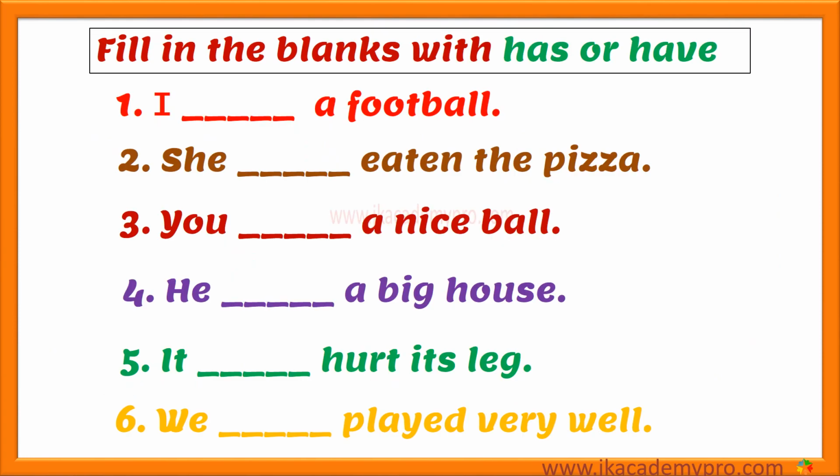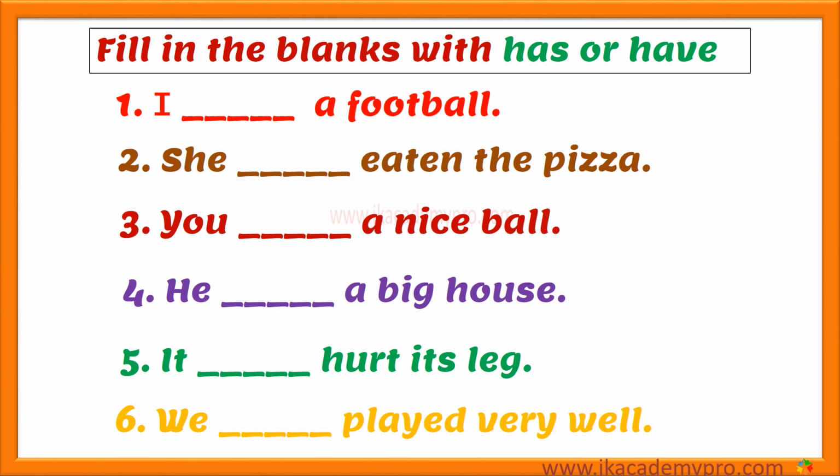Here is an exercise for you to solve. Fill in the blanks with has or have. The first sentence is I dash a football. The second one is she dash eaten the pizza. Third sentence, you dash a nice ball.